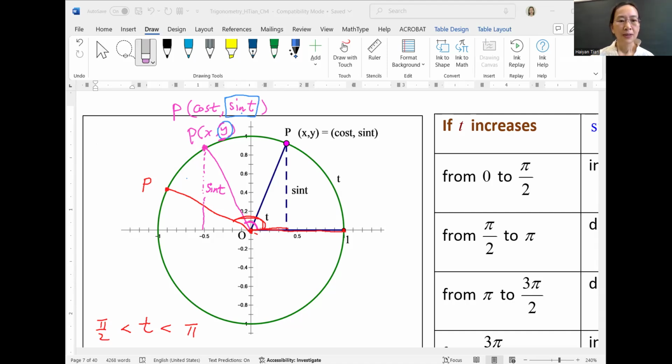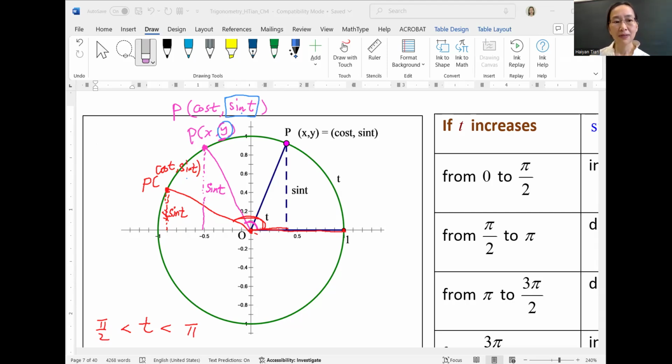And for the larger t, the sine t will be this y coordinate. Because for this point t, the x is the cosine t, y is the sine t. So just by interpreting with this picture, we can see what happens to the sine t.